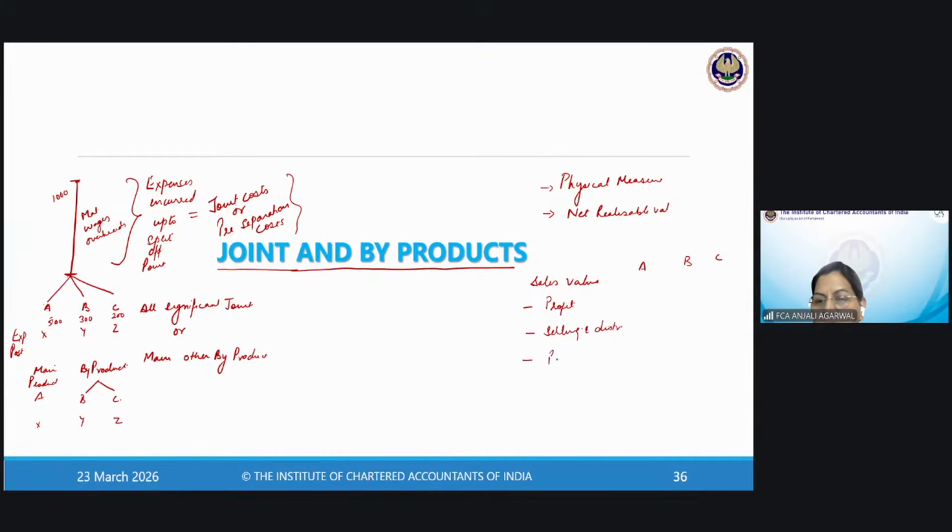If you have information on any post-separation costs incurred, deduct that. Once these three are deducted, you will get some figures. If these figures exactly equal your total joint cost, then this is the share of joint cost for each product. But if the total is more than the joint cost, then this becomes the ratio in which joint cost will be allocated.